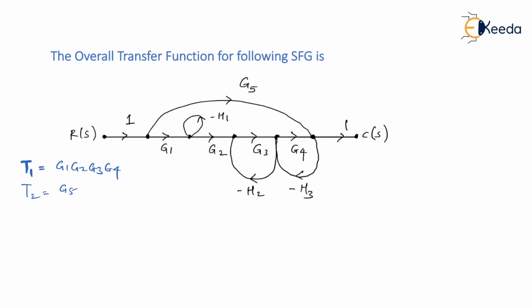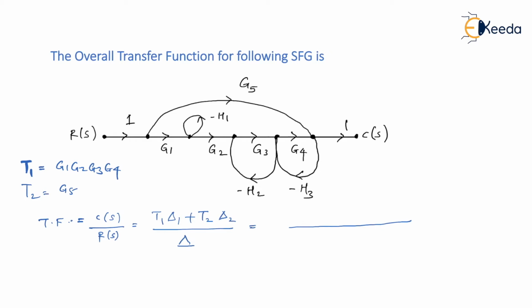Since there are two forward paths, the overall transfer function C of s upon R of s is equal to T1 delta 1 plus T2 delta 2, whole divided by delta. I'll go by the block diagram method: in the block diagram reduction shortcut method, we used to add all forward paths, so kindly do the same here also.